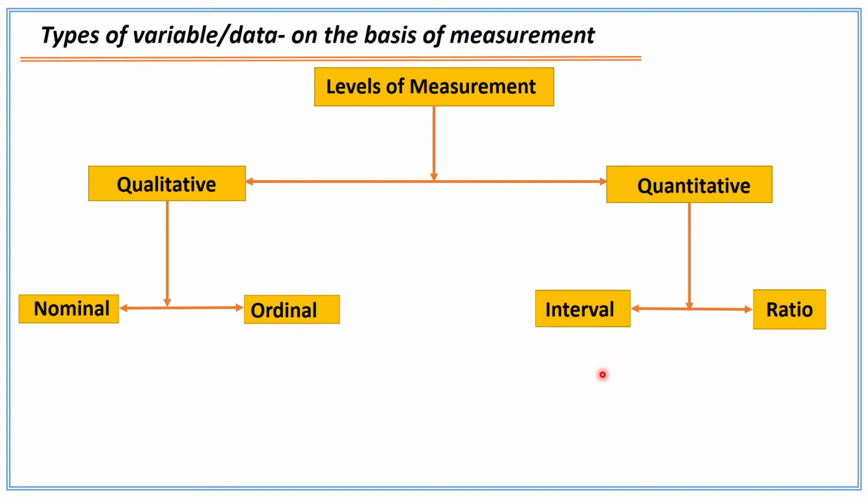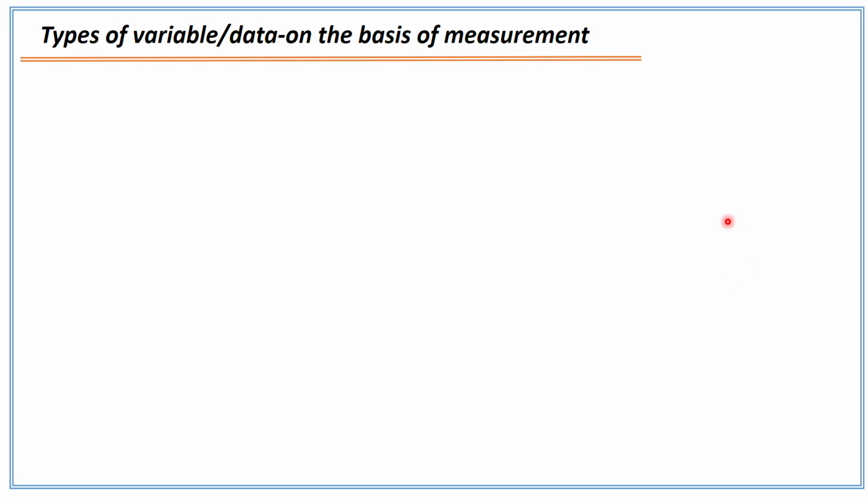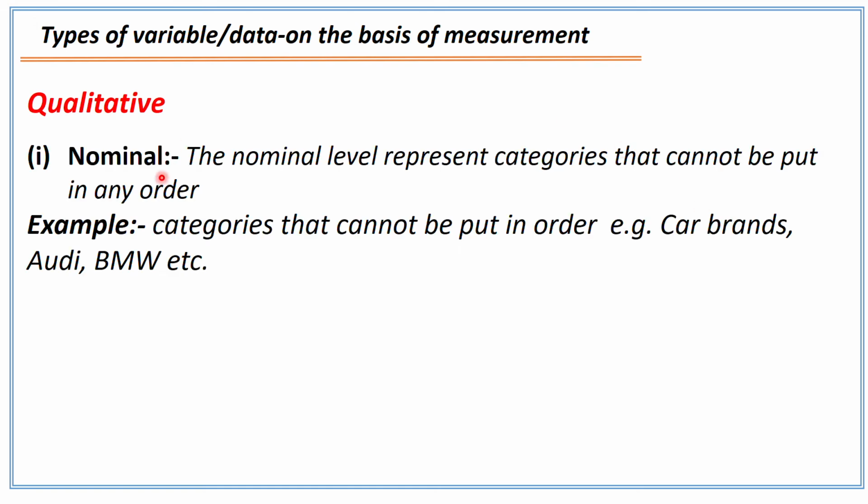Now we will see what is nominal and ordinal data. Nominal qualitative, ordinal qualitative data, interval quantitative and ratio quantitative data. In qualitative data, first we will see nominal. The nominal level represents categories that cannot be put in any order.